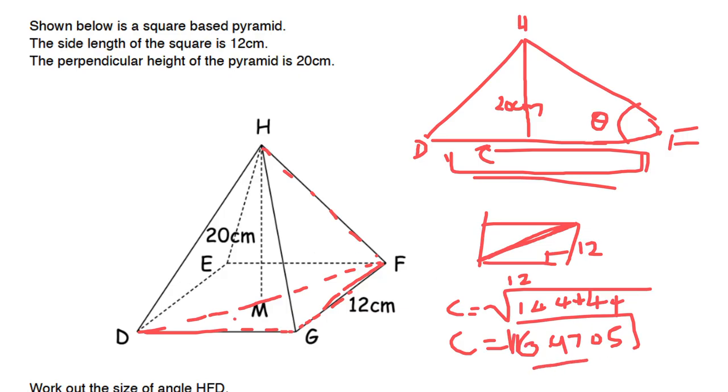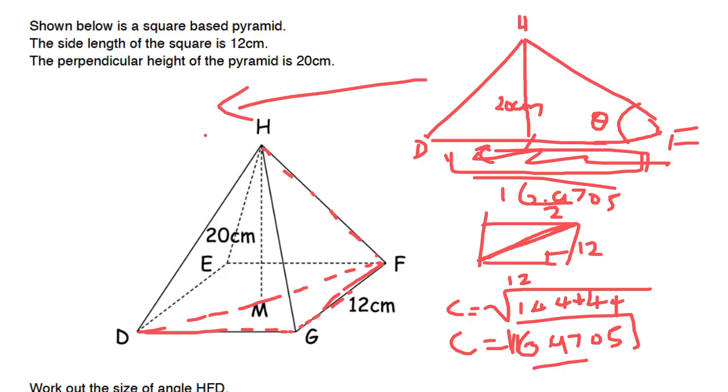So we know that this entire total is 16.9705, and now it becomes really easy because we know that this half point is 16.9705 over 2.